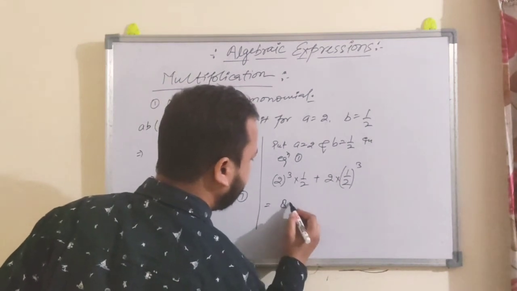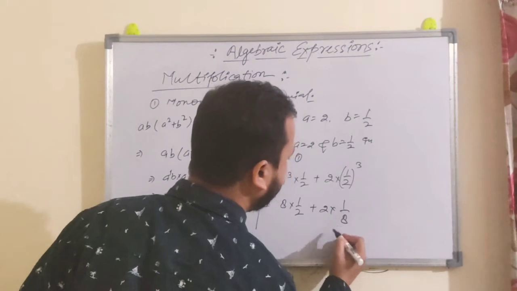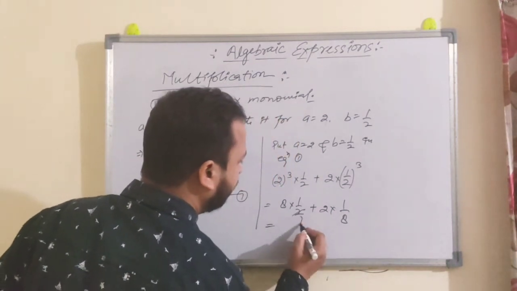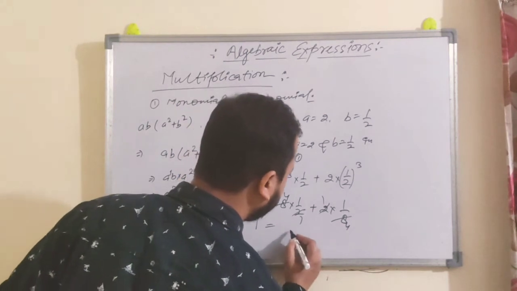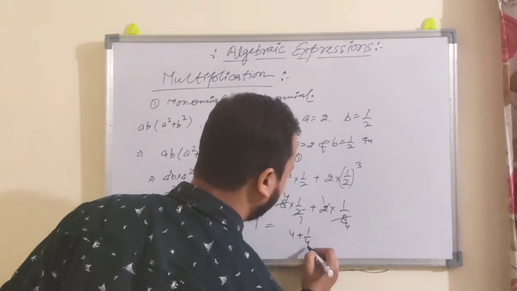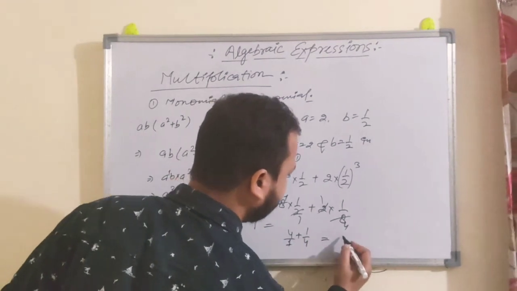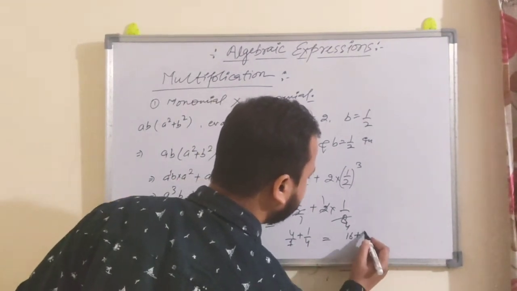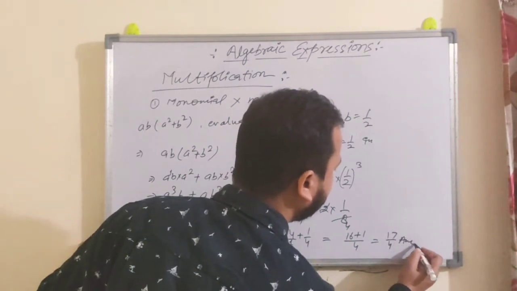So here 8 into 1 by 2 plus 2 into 1 by 8. 2 1s are 2, 2 4s are 8, 2 1s are 2, 2 4s are 8. You are left with 4 plus 1 by 4. Then take the LCM. 4 4s are 16, plus 1 is 17. So 16 plus 1 by 4, that is 17 by 4, and that is your answer.